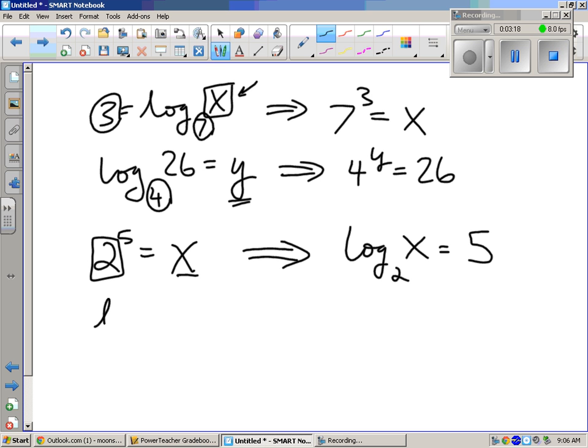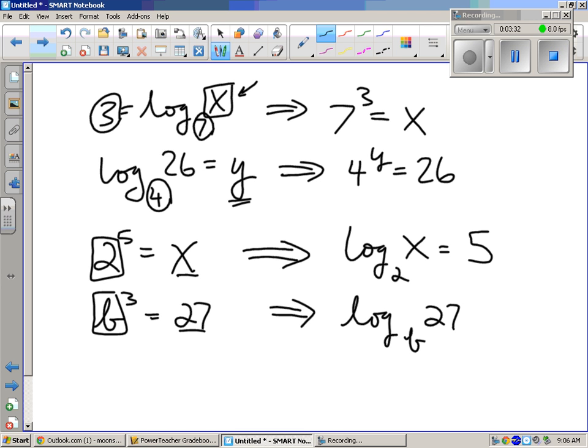Let's try another one. b to the third equals 27. Okay, so this number here becomes your log base. So log base b, the answer becomes this part, and then your exponent becomes the answer. So all I did there was go back and forth between log form and exponential form.